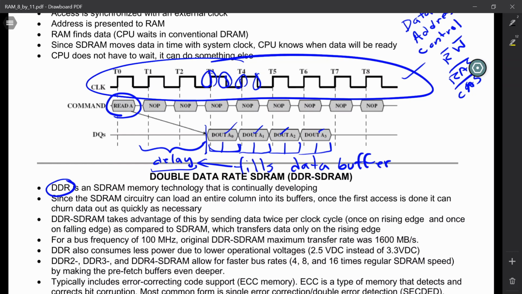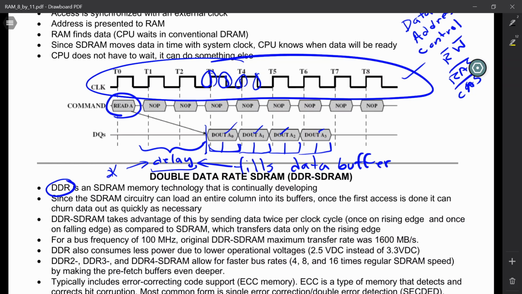But there was a consequence, and the consequence was that I had to fill up more of my buffer. So this delay increased. By increasing the delay, that pushed back how much time was going to pass before the processor could expect to start getting data back. That meant that early DDR was actually not that much of an improvement over the regular SDRAM.